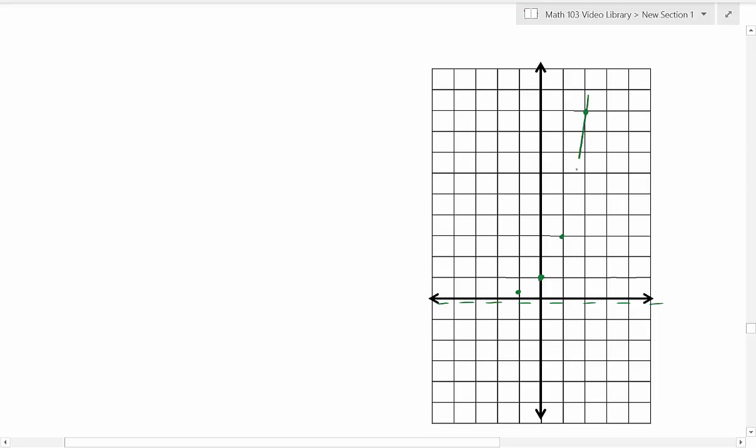And the end closest to our horizontal asymptote is going to tend towards that horizontal asymptote. There we go. There's the graph of f of x equals 3 to the x.